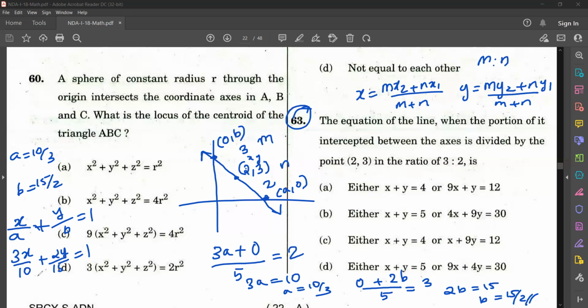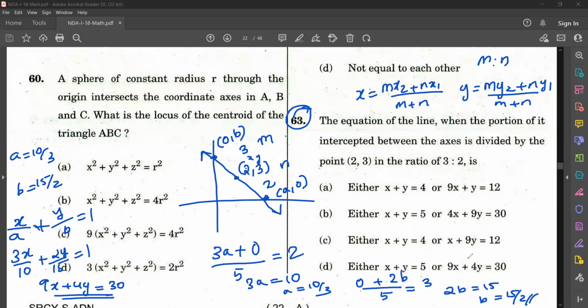Now simplify this. Take the LCM and simplify. So this will become 9x plus 4y is equal to 30. So one equation is 9x plus 4y is equal to 30.